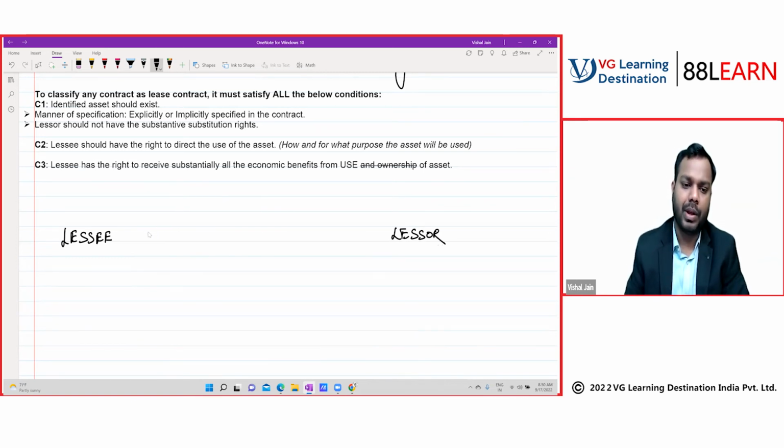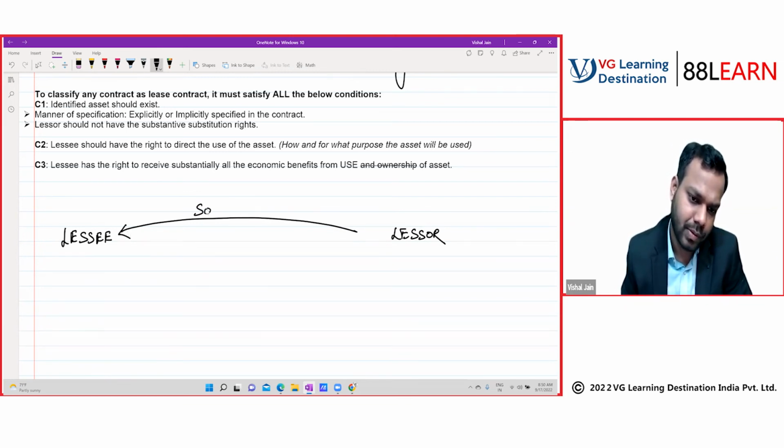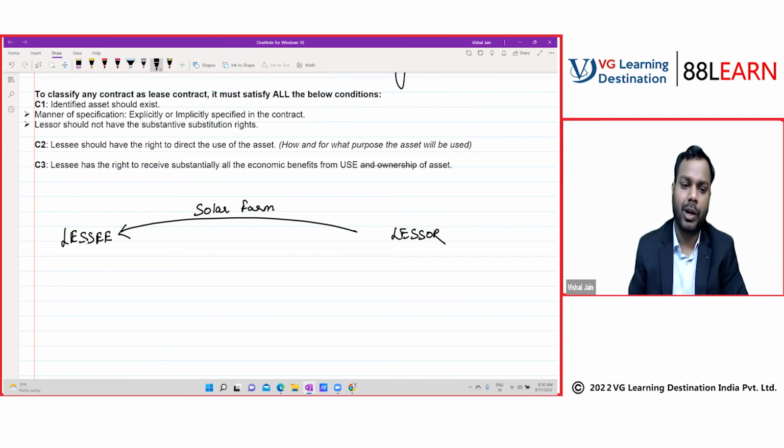Now, the lessee has taken a solar farm on lease from the lessor. Tell me what the economic benefits derived from the solar farm are. One is electricity.